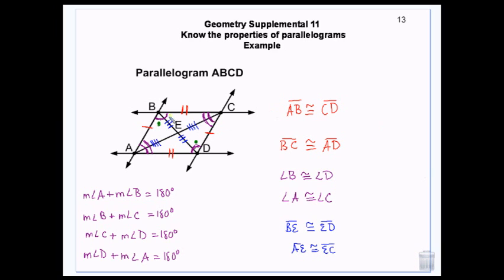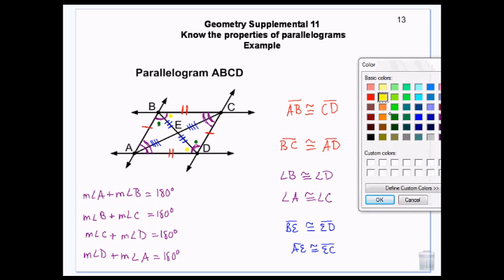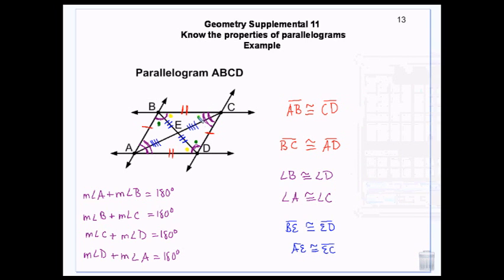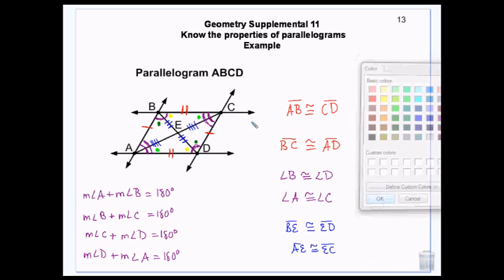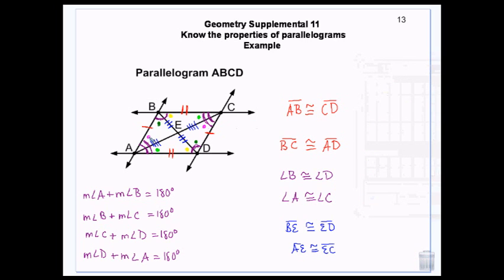And then this angle, can you see the yellow? This angle and this angle will be the same. And you get the same occurring with the other 2. This angle is the same as this angle. And pink. This angle is the same as that angle. So these kind of catty corner angles will be the same.